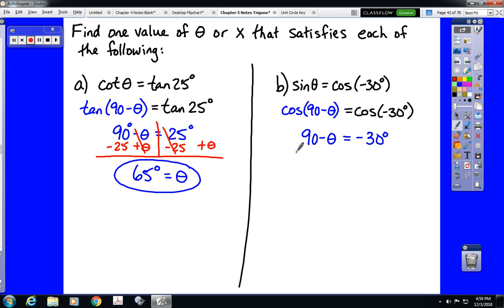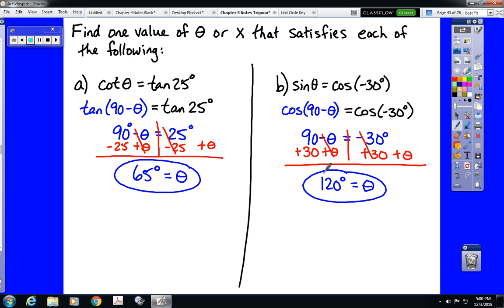Then all I have to do is solve. So if it's me, I'm going to be adding 30 to each side and adding theta to each side, which would solve it for theta and give me an answer of theta is 120 degrees. Again, probably not the only answer, but it is an answer.